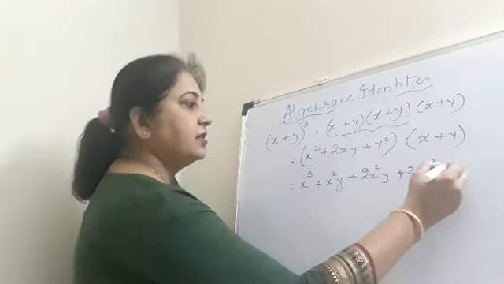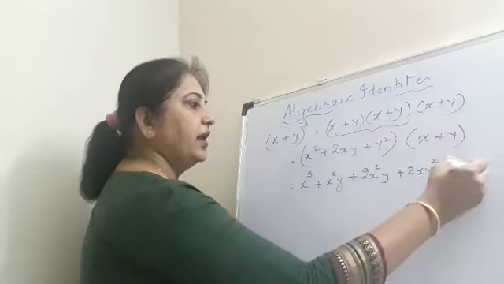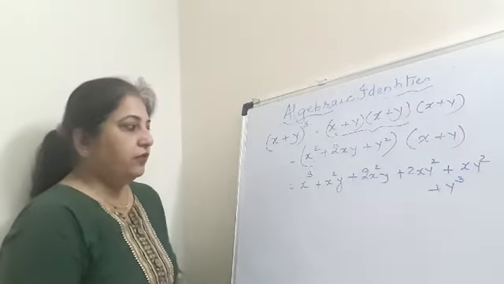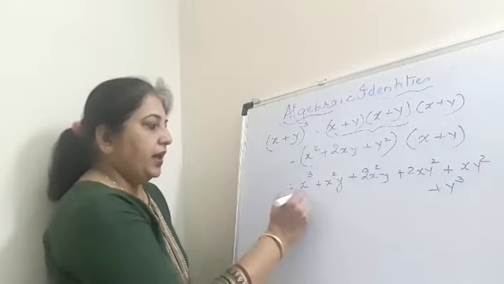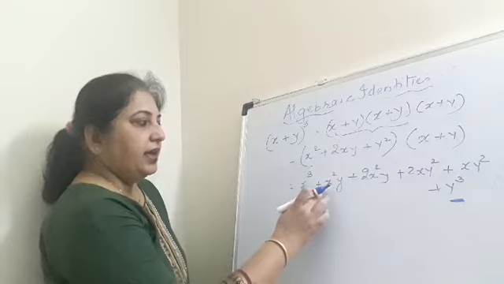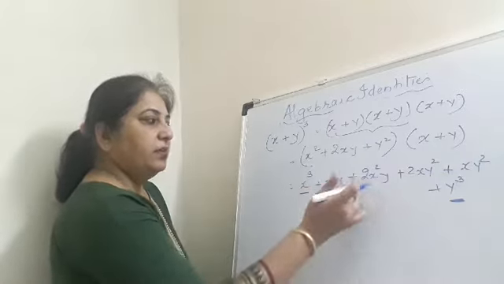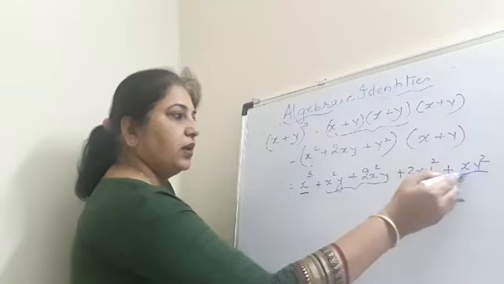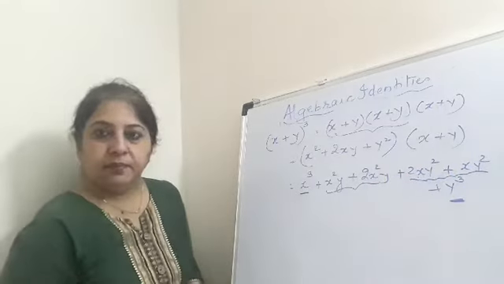So next, y square into x will be xy square, and plus y cube. So we see that x cube and y cube are two different terms, and x square y and 2x square y are similar terms, so I will add them. And 2xy square and xy square are also similar terms, so we will add them, right?